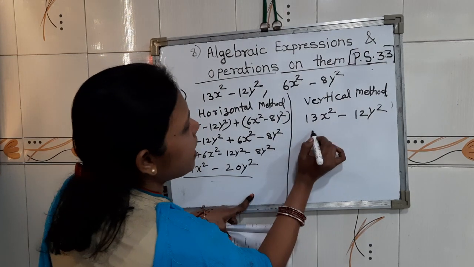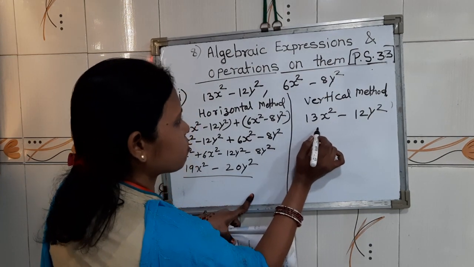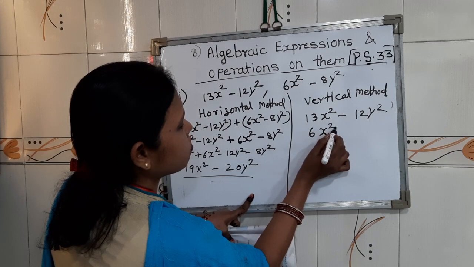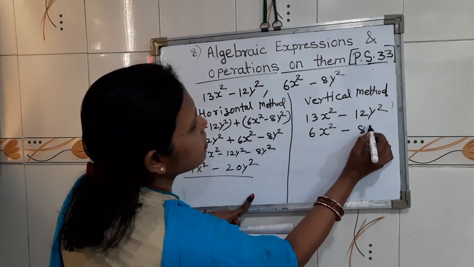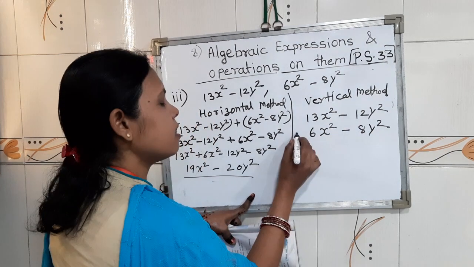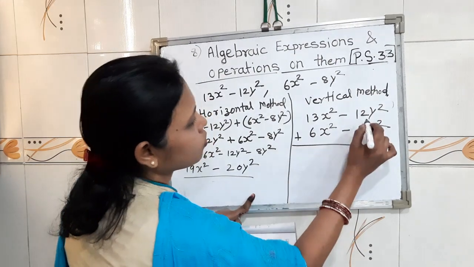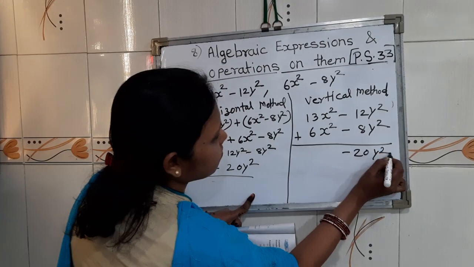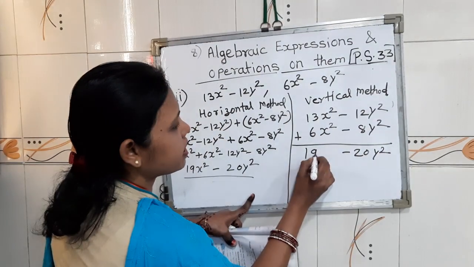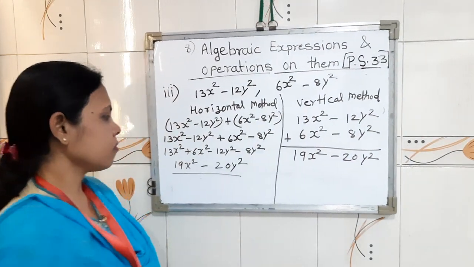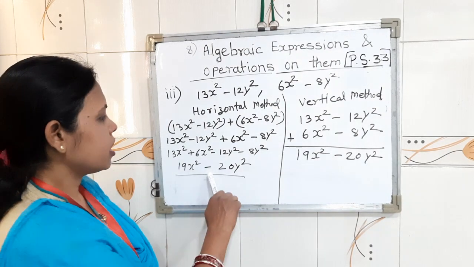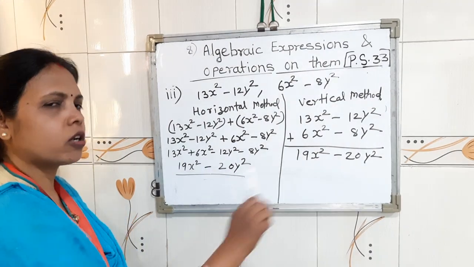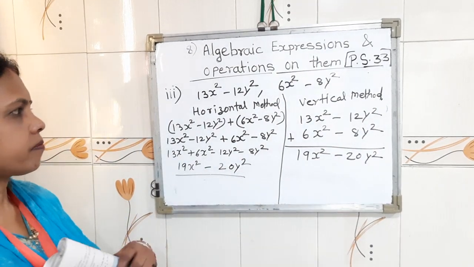X square we will write below x square. 6x square minus 8y square, and a plus sign. 12 plus 8, 20, and minus. 13 and 6, 19x square. You will see in both methods we got the same answer.